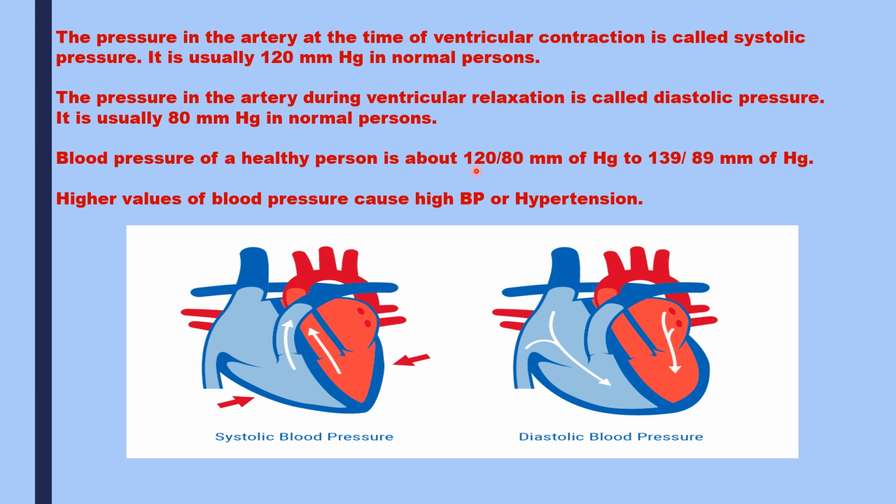When there is an increase in both the systolic and the diastolic pressure, that is, when the pressure increases above 140 on the higher side and above 89 on the lower side, it is called high BP, or hypertension.